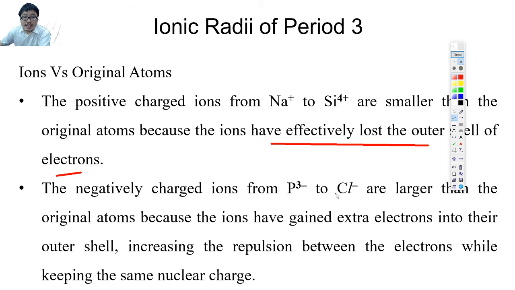For P3 minus and Cl minus, they are larger than their original atoms, as they gain extra electrons, more repulsion. The distance between the outermost electrons and the nucleus increases. That is why anions are bigger than cations.